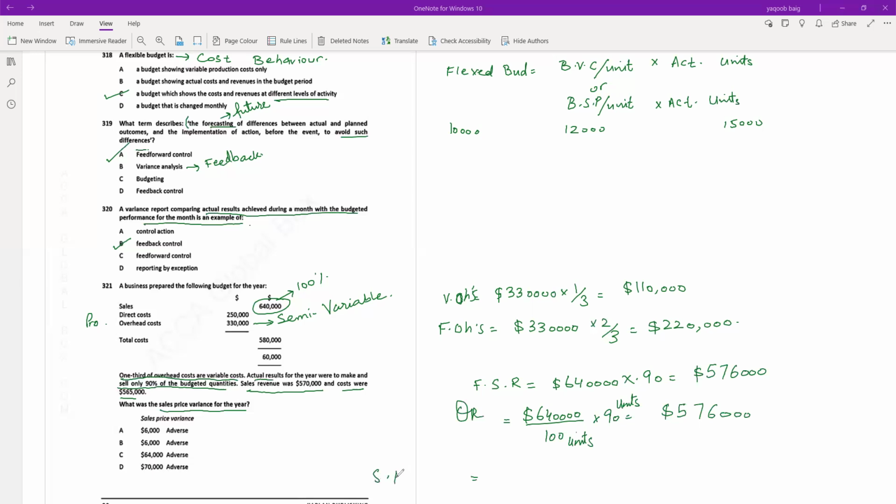So to calculate sales price variance, we have flex budget sales of 576,000. Actual sales revenue is 570,000. So actual revenue is less than the flex budget. So that's why we have $6,000 adverse. $6,000 adverse means a reduction in revenue will reduce our profitability.